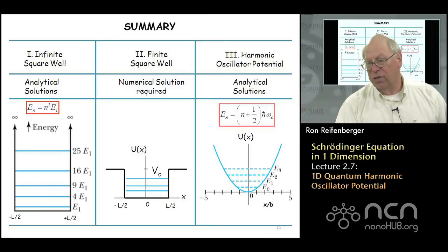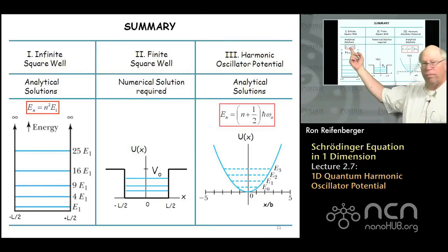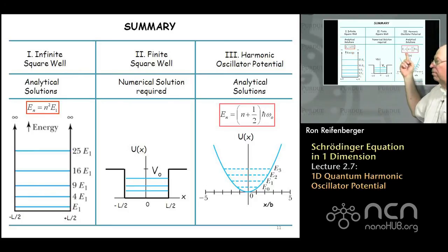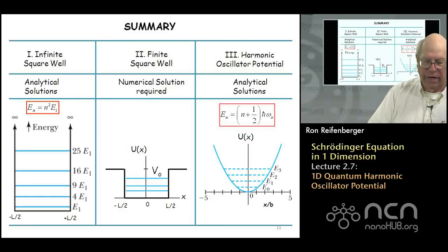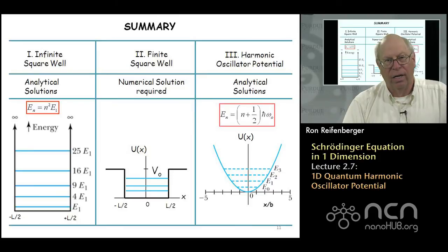The results for the infinite square well over here are analytical. The results for the harmonic oscillator potential well shown over here, those are analytical. If you want to find out the energy eigenvalues for a finite square well, you're going to have to do some work. You're going to have to do some numerical calculation.